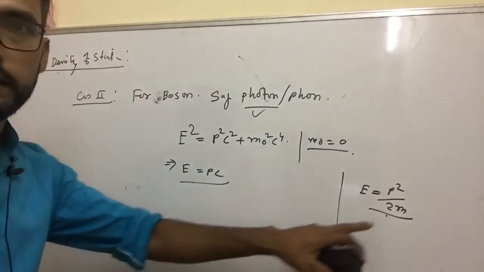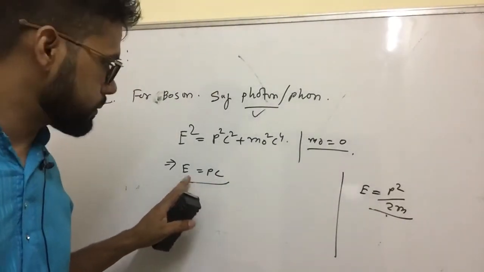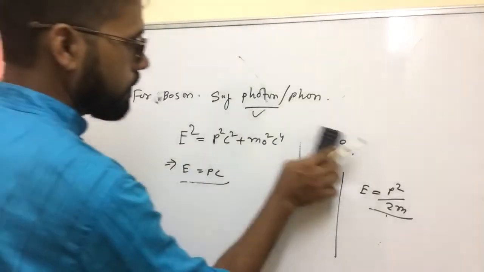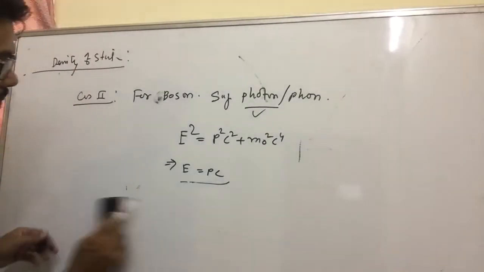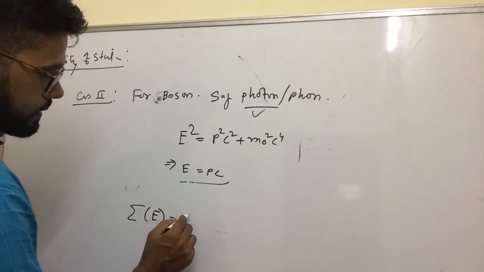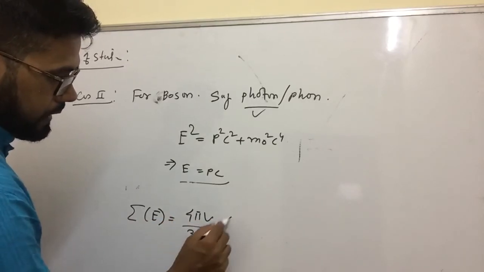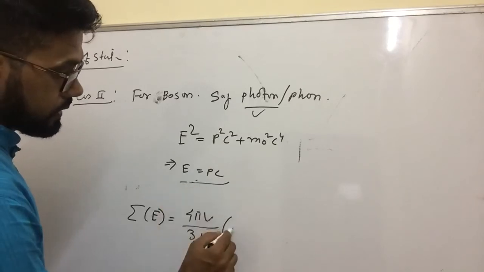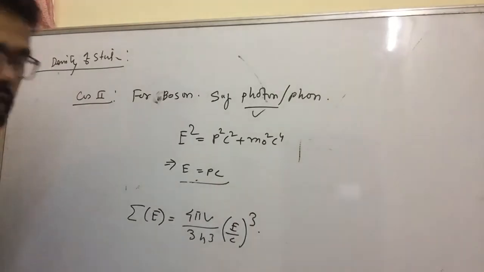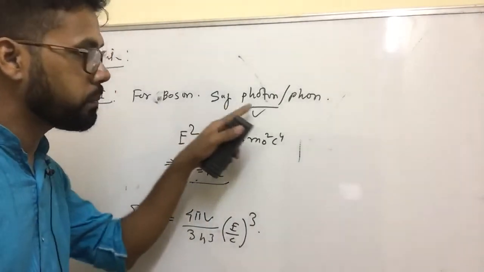This equation is not valid for a photon or phonon, so we have to replace it with E equal to pc. Then the number of microstates sigma E is equal to 4 pi V by 3 h cube, and in terms of p we replace p equal to E by c, giving E by c cube. Is it okay? This is the number of microstates in terms of energy for boson particles.